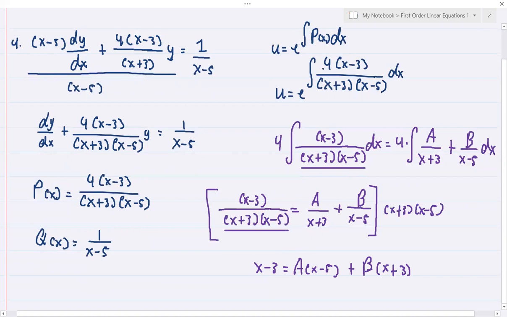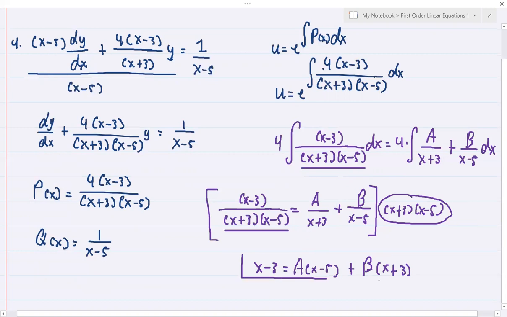So we have x minus 3. How did we get a times x minus 5? If you're going to multiply this group of binomials to this one, we will cancel out x plus 3. So we will have a times x minus 5. Then next, if we multiply this group of terms to b all over x minus 5, we will cancel out x minus 5 here, and we will have b times x plus 3.